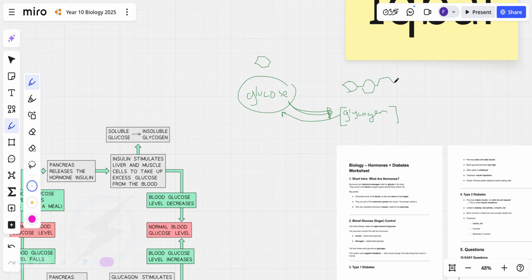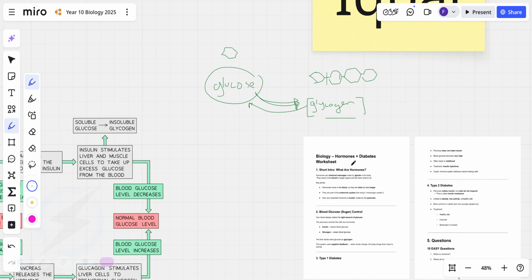In plants it's starch, and in animals this long string of glucose is glycogen. So what your body is doing is going, right, I've got too much glucose in my blood, I'm going to string it all together and make glycogen. If there isn't enough glucose in your blood, your body will break this down.